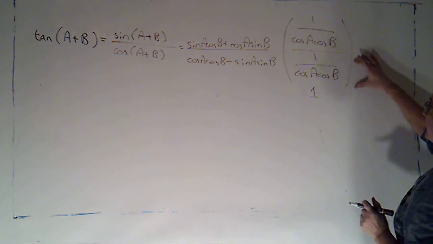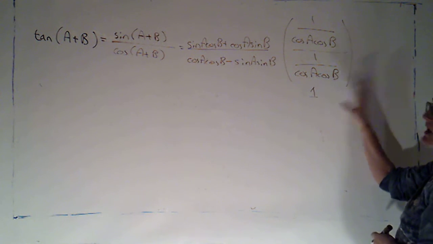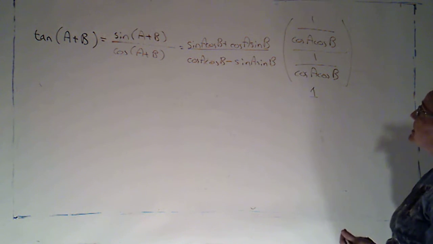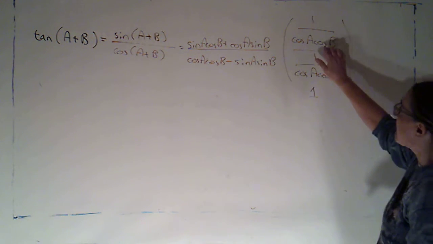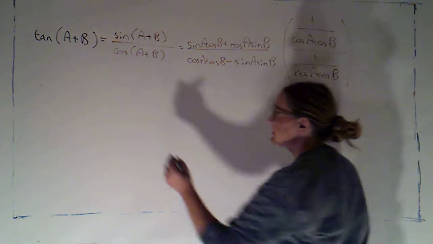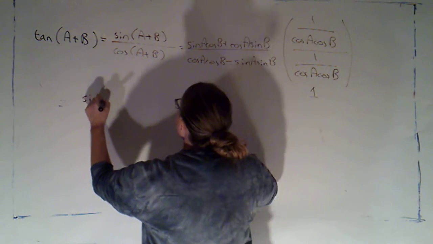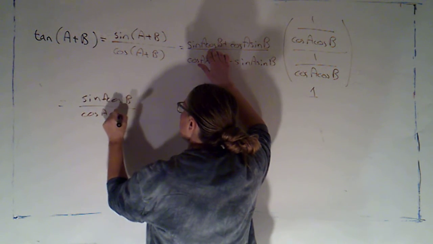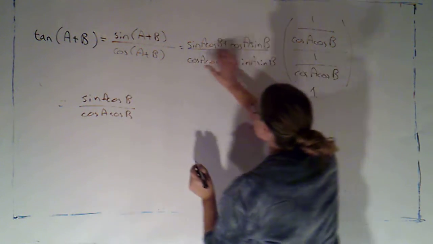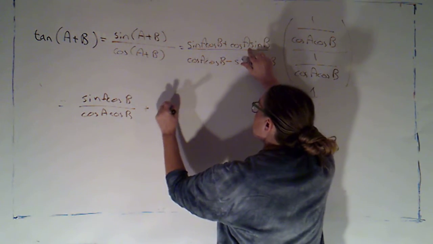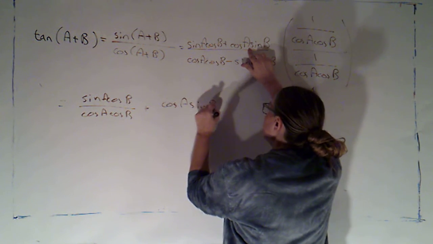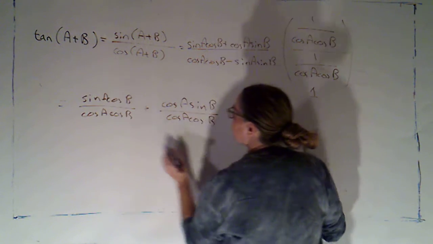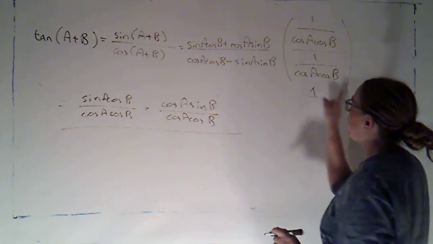Now, that's something over itself, so I'm just multiplying by 1, but that's going to introduce a factor of cosine of A and cosine of B in the denominator of each term. Now on top, I need to distribute that to both terms. So this is going to become sine A cosine B over cosine A cosine B, just distributing that to this piece, plus, now I've got this one, cosine A sine B over cosine A cosine B. And then on bottom, I've got to distribute.